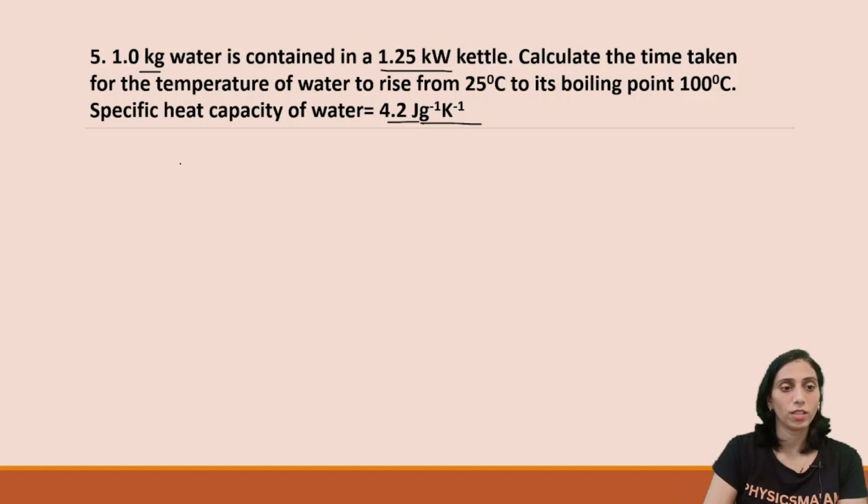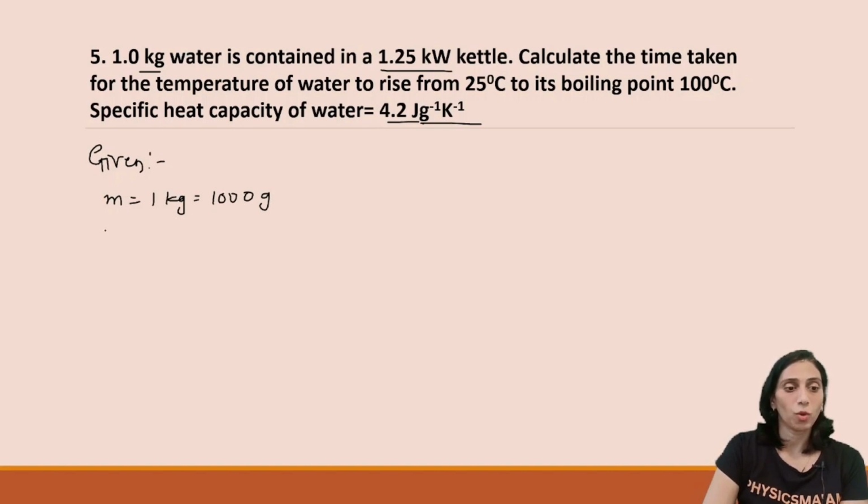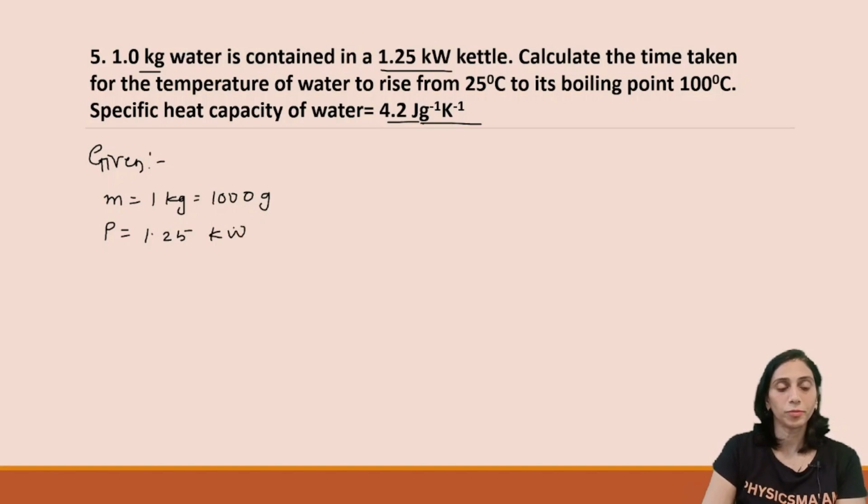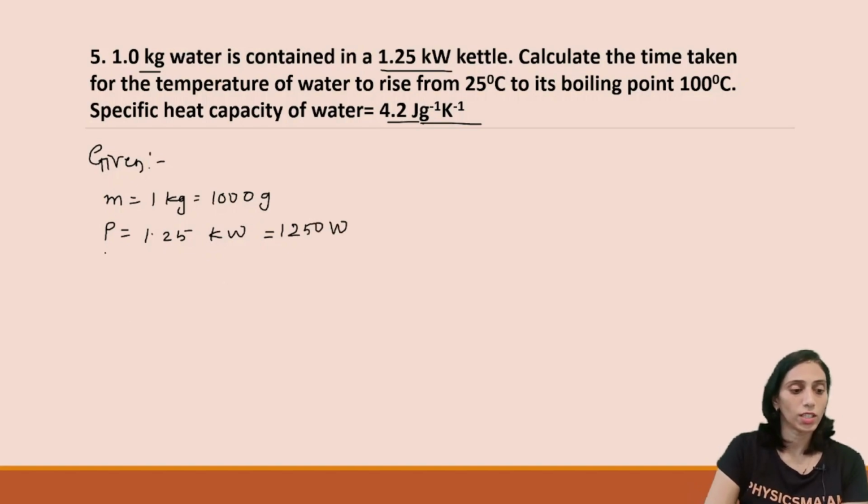Okay, so I write again the given quantities. Mass is 1 kilogram, which is equal to 1000 gram, right? Now power is how much? 1.25 kilowatts, which is 1250 watts. We multiply by 1000, then we get it in watts.